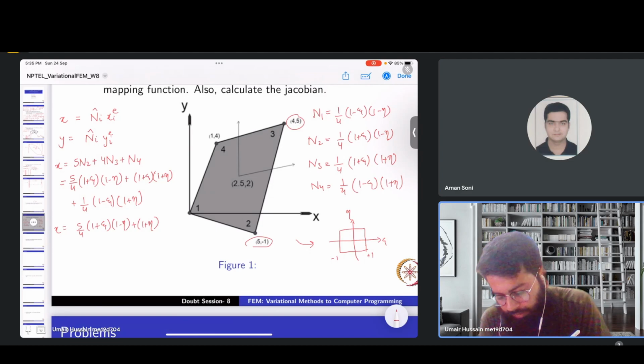Here 1 plus y, 1 by 4, 1 minus y. So that makes 1 plus 1 by 4, 5 by 4, and y minus 1 by xi by 4 is, so plus 3 xi by 4.